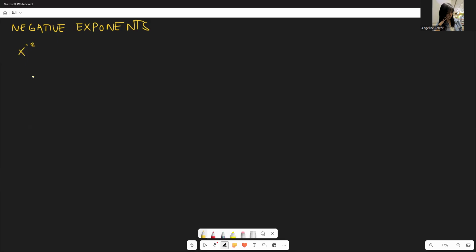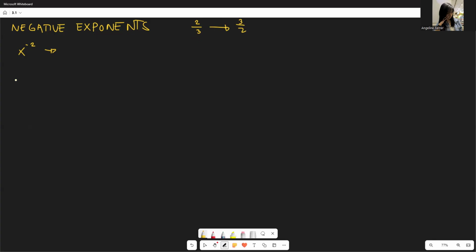Our goal is to get rid of that negative in this exponent. And to do that, all we need to do is get its reciprocal. Like for this one, so reciprocal, if you can't recall, for example, we have 2 over 3. The reciprocal of that is 3 over 2. Just flip it.